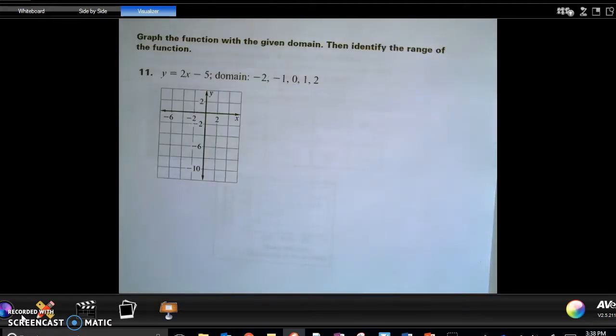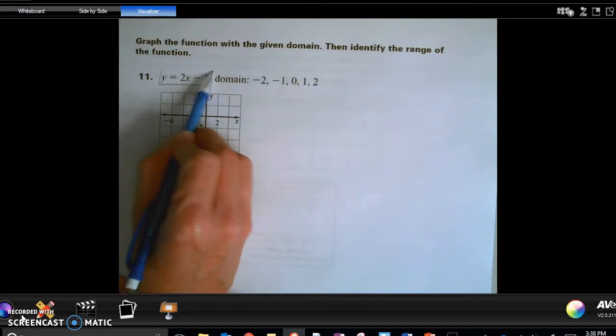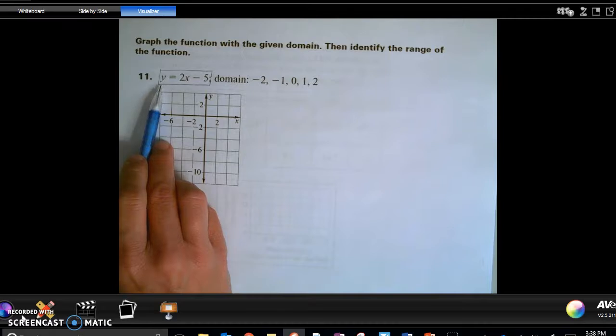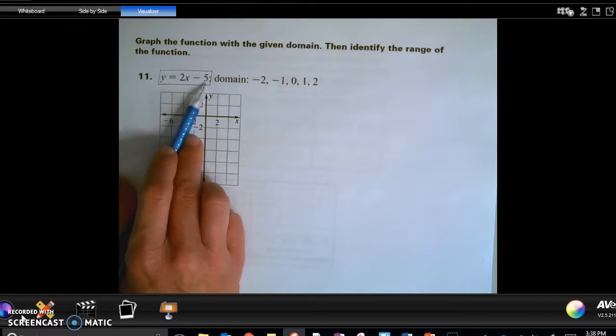Our next topic from this section, we will be asked to graph the function with the given domain, then identify the range of the function. So here is my function, y equals 2x minus 5, and you're probably remembering from chapter 3, we talked about taking equations and writing y as a function of x, or function form.